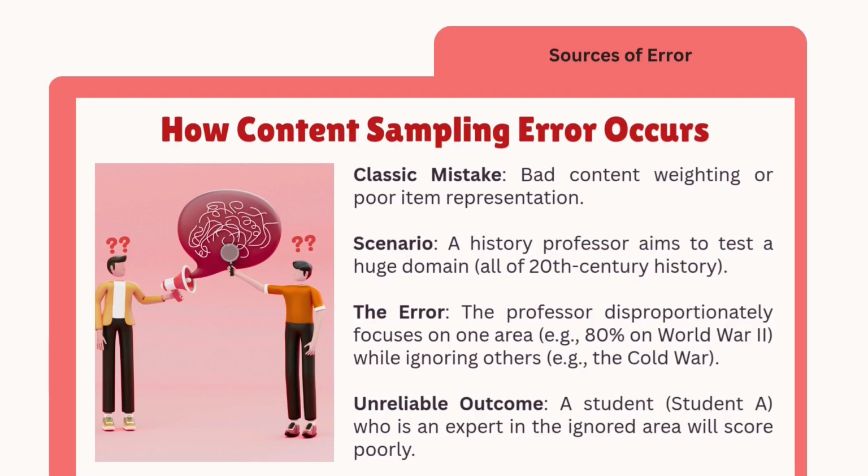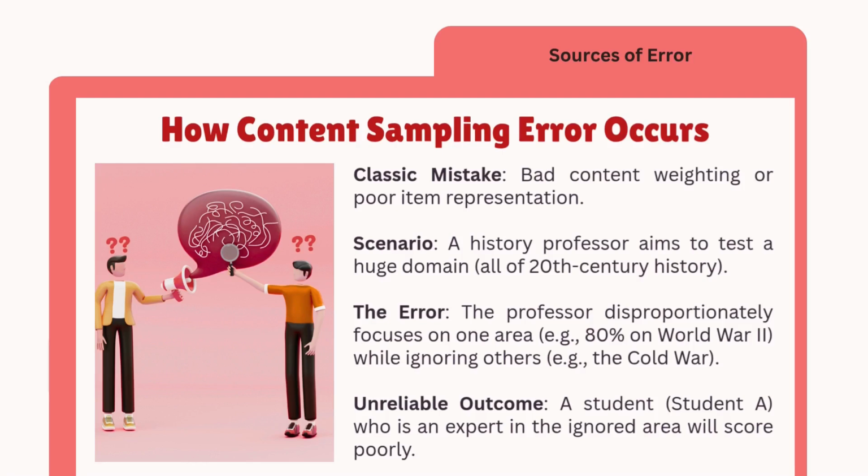Their true high-level understanding of the entire domain was masked by the test's poor content sample. The test only measured a narrow, disproportionate chunk, making the final score an inaccurate reflection of their competence. In other words, I believe this is something that's very common for most students out there. You studied the entire Chapter 1, but turns out what got tested was just Chapter 2.